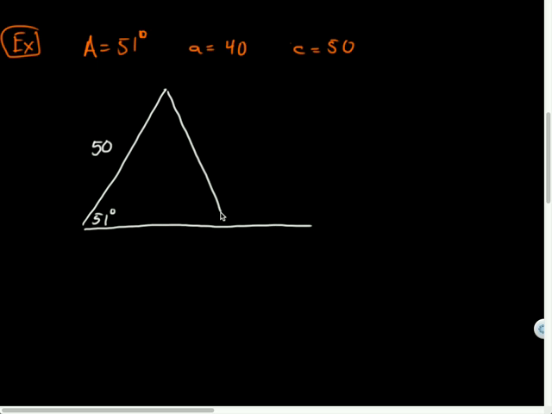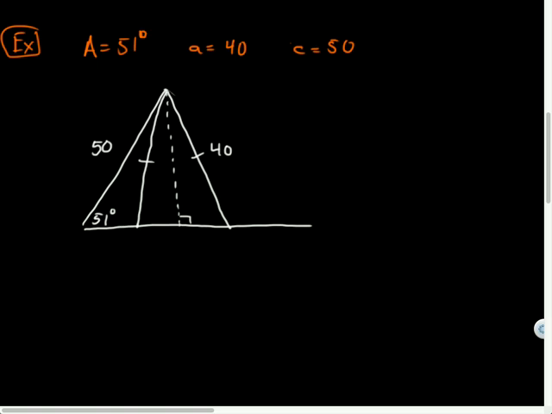Actually, I'm going to exaggerate it like this. But this is congruent to this, where both of those are 40. Okay, so that's the situation, and then I've got this height coming down. It's not necessarily to scale, but let's actually verify that there are two cases here.